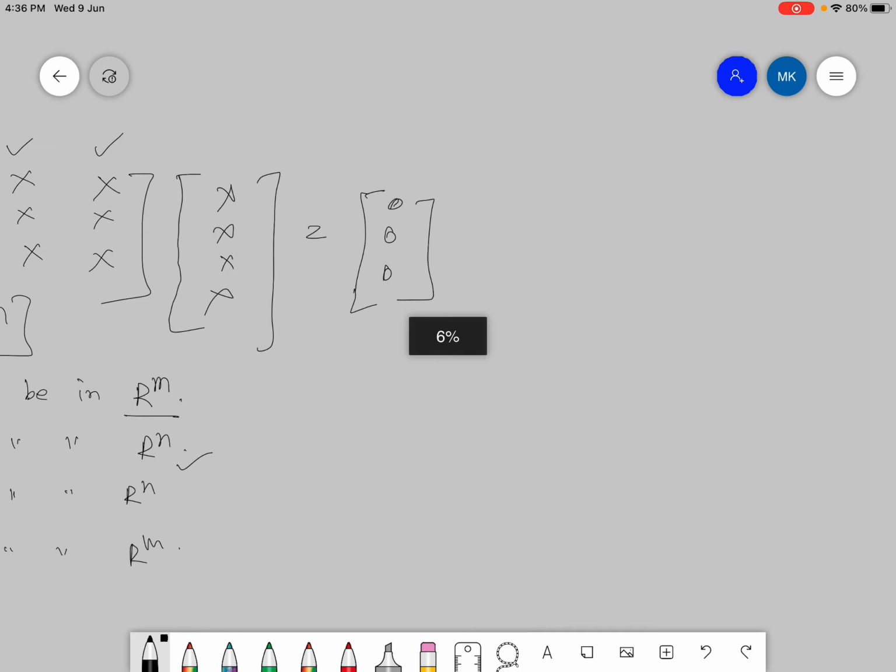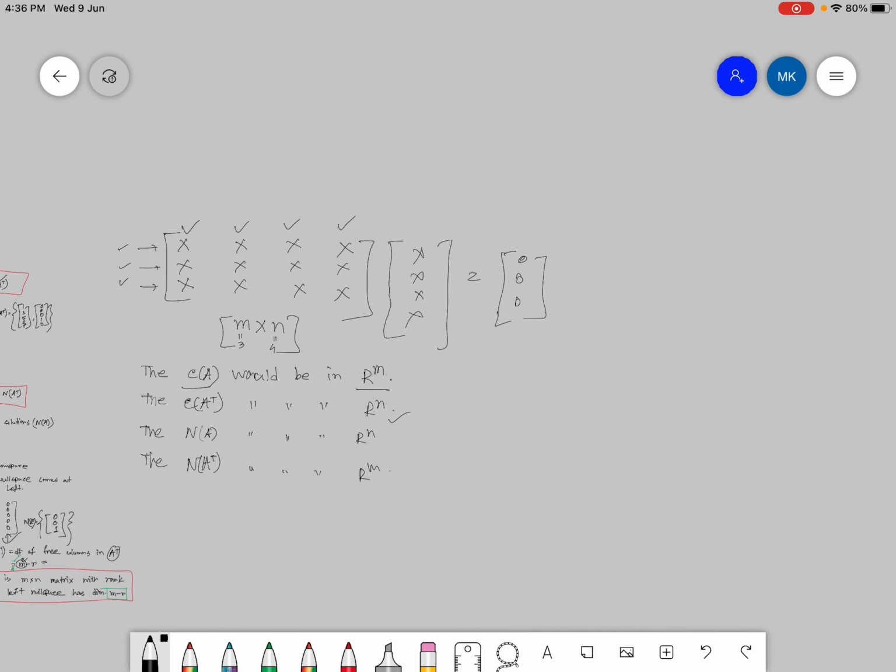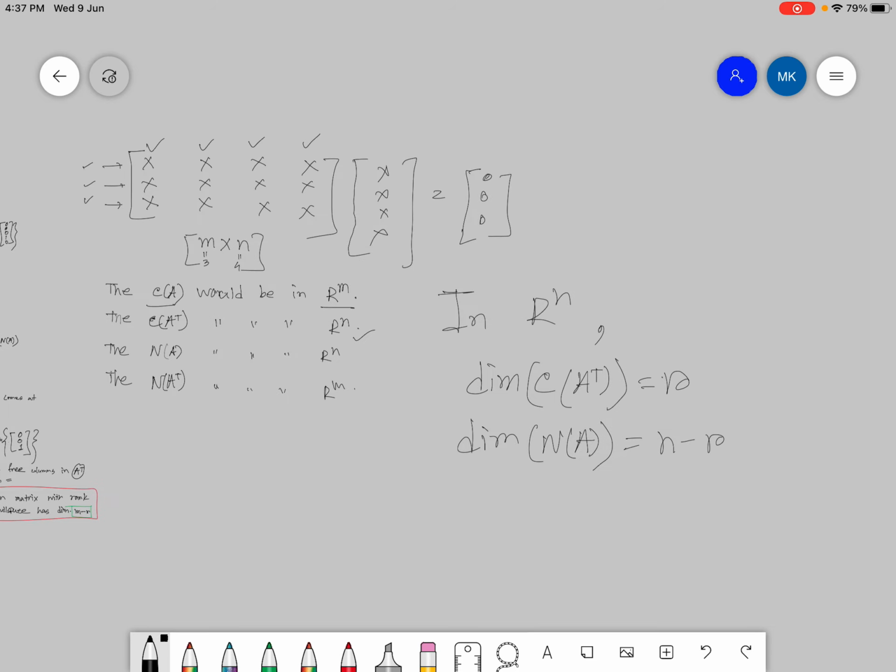Now the important thing is, in Rn the dimension of the row space is the same as the rank, right, and the dimension of the null space would be n minus r, the columns minus the rank.